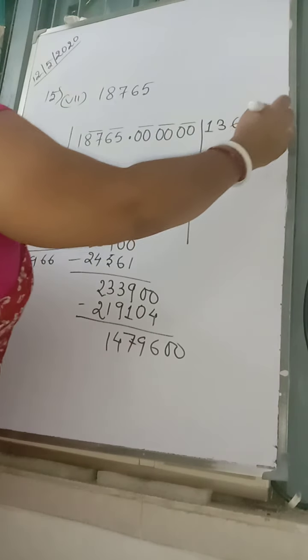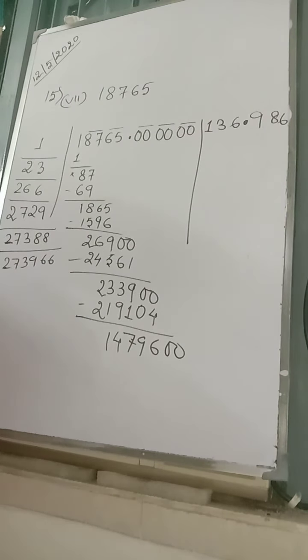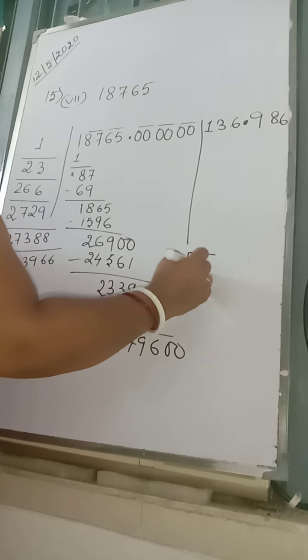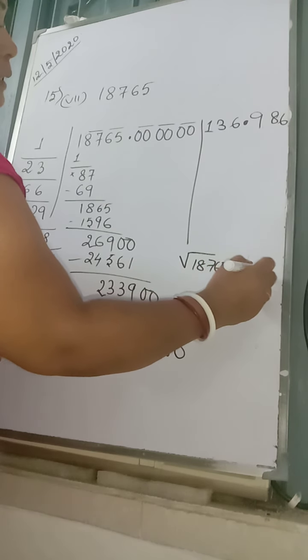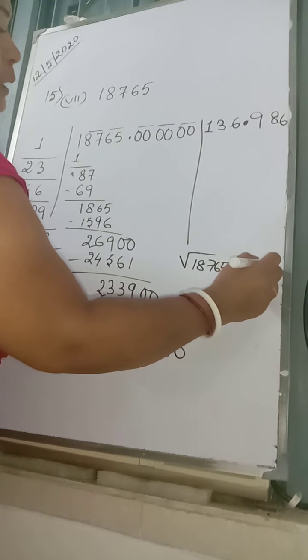So it will be 6 almost. So the square root of 18765 is equal to 136.986. To 2 decimal places, it would be 136.99. Okay, in this way you have to get the square root of these numbers of question number 15.